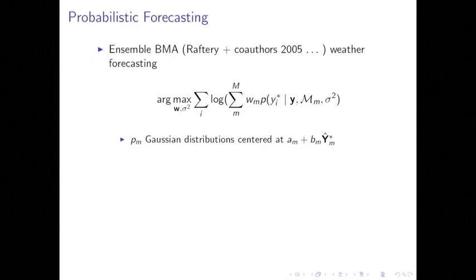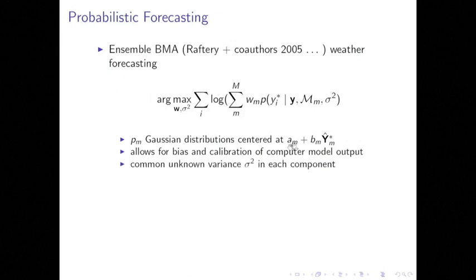So they're trying to take account of the bias by basically doing a kind of regression, taking the predictions and regressing them on the future observations. This allows for both the bias and calibration of the model, and again, is learning a common variance sigma squared to build this model.